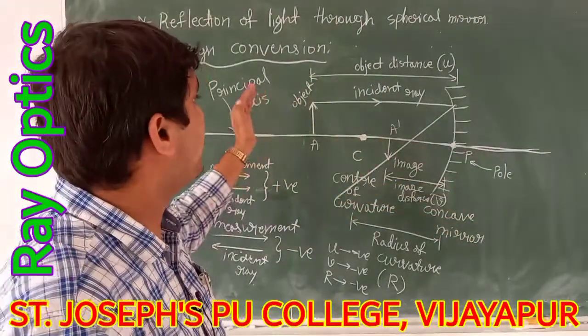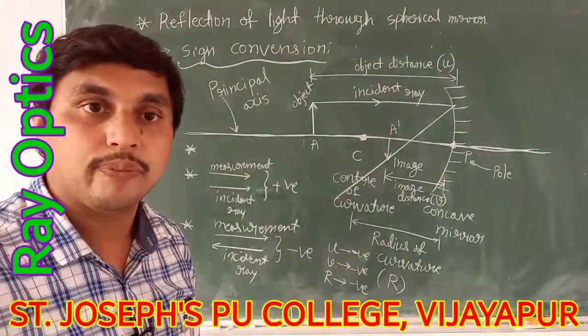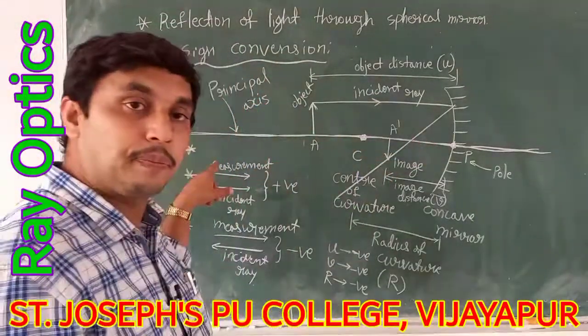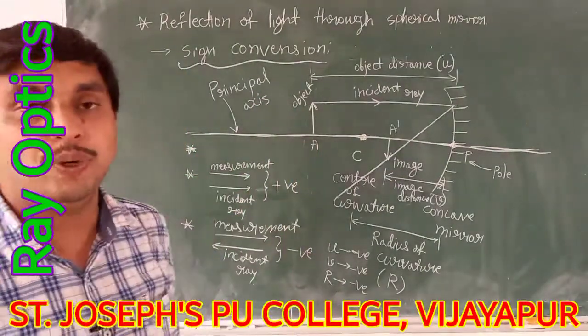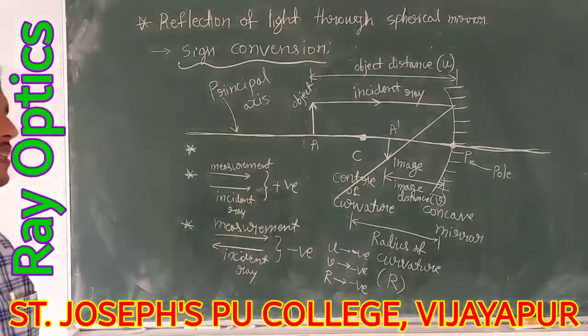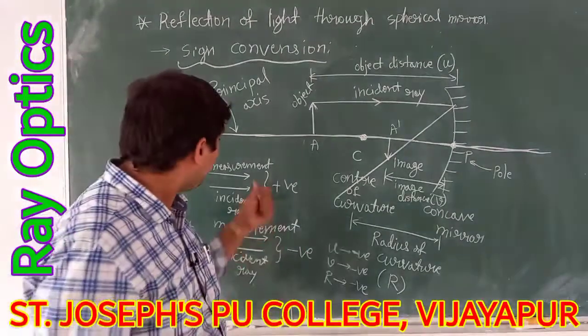In front of the mirror means the incident ray is always towards the mirror, but our measurement is from the mirror. So obviously it is opposite to the direction of the incident ray. That is one of the sign conventions. I hope it's clear.